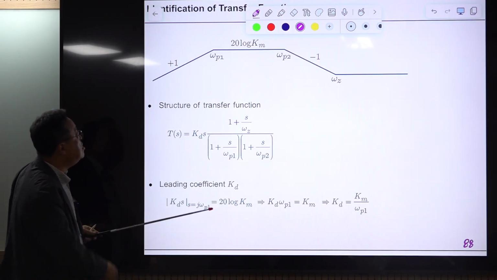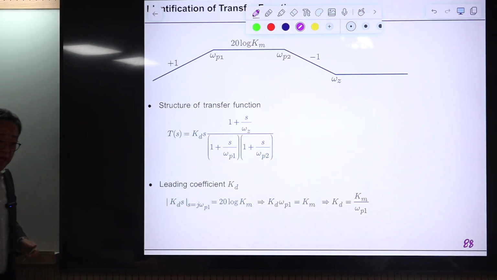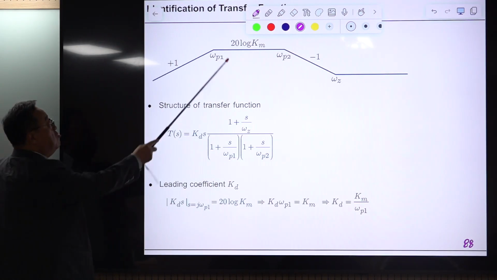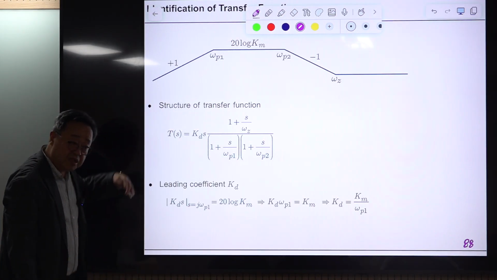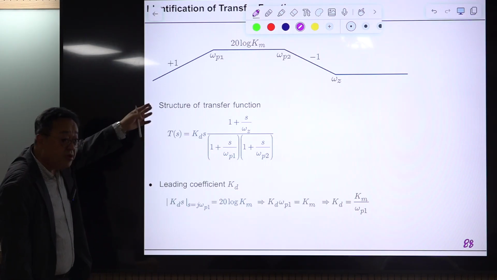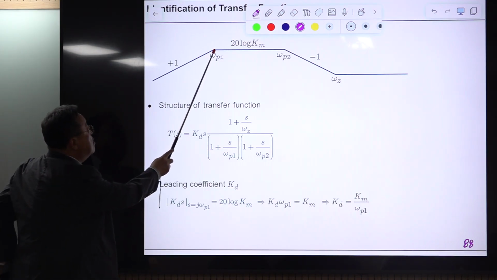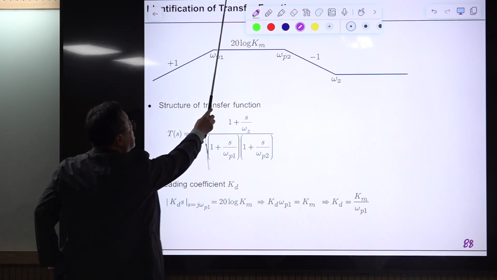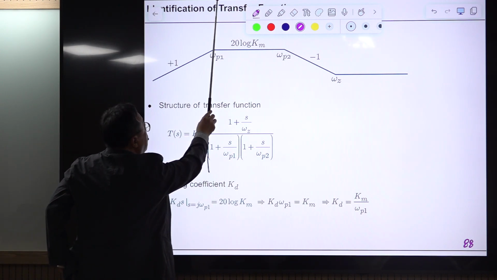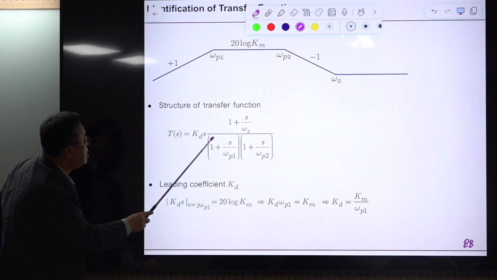The remaining question is how to determine the K. Suppose this peak value is 20 log Km, as given or as you measured. Then at this point, you just consider this term. As I said, you are interested in the frequency below this point, you don't care about the rest.